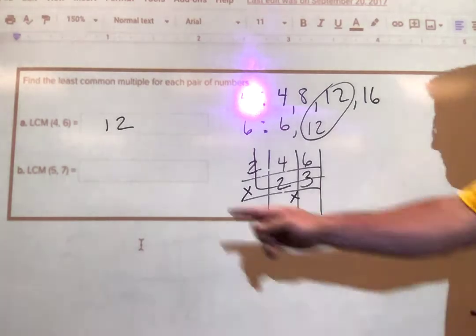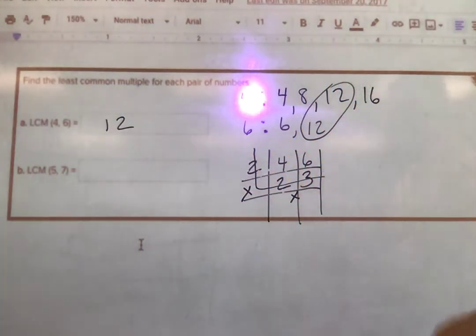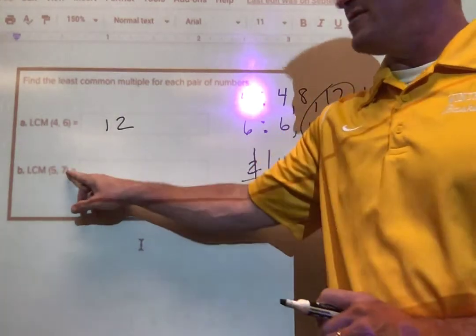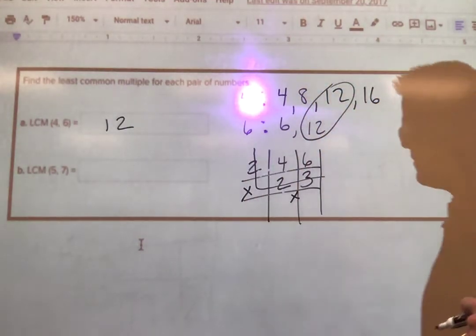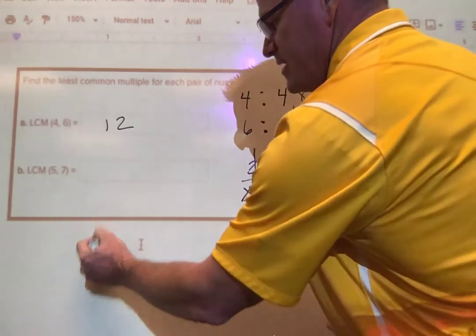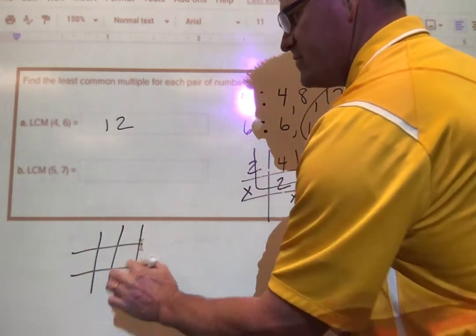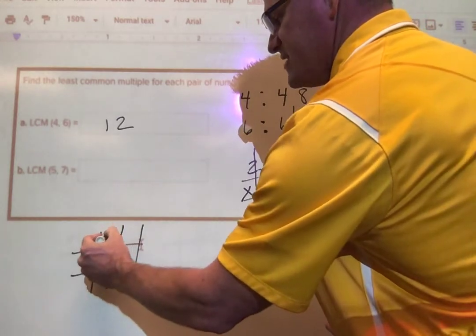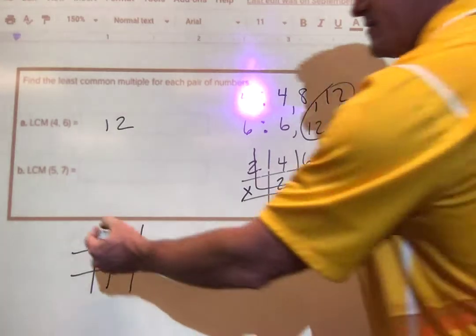Okay, 5 and 7. Another way sometimes is that the least common multiple is just multiplying the 5 and 7 together. You don't always know if that will work with that strategy, but let's do a quick grid method just to double check. Sometimes this can look a little weird, but if I have a 5 and a 7, the only factor they have in common is a 1.